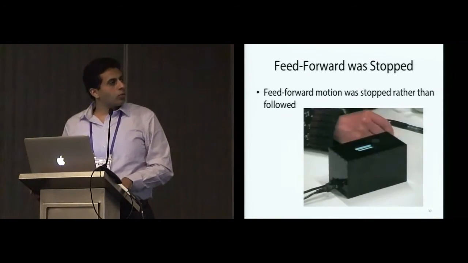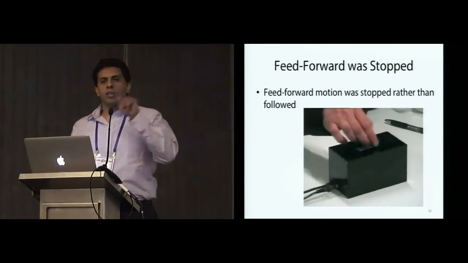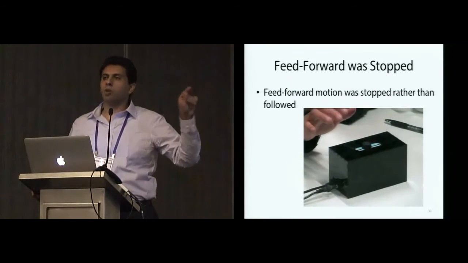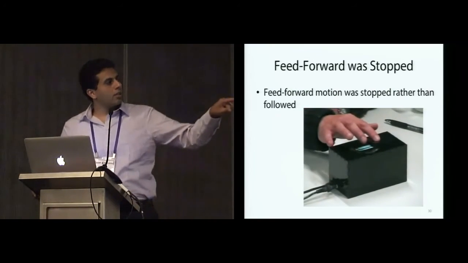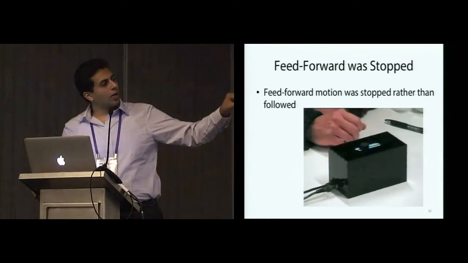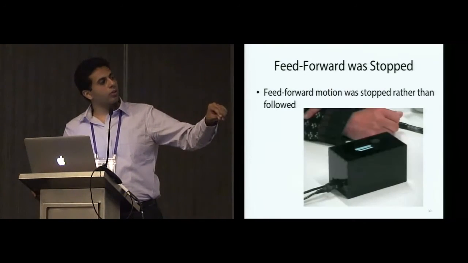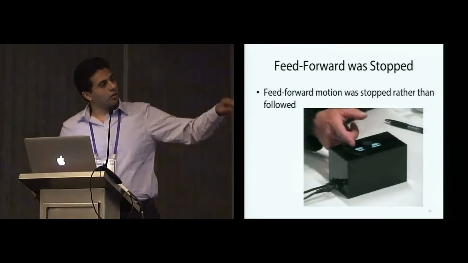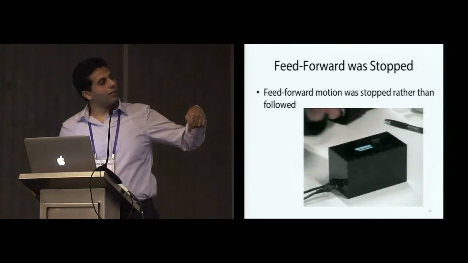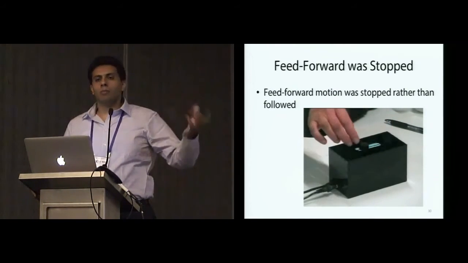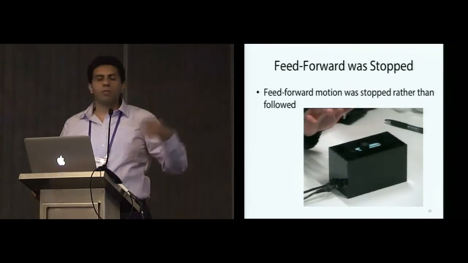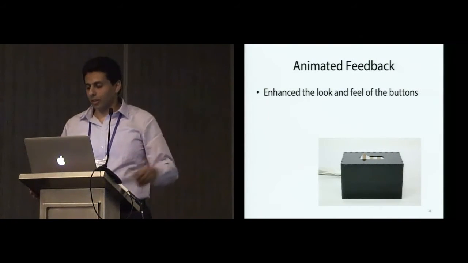And also, interacting with the feed-forward motion: instead of following the motion as we anticipated, you can see here in the video that the user is trying to restrict the motion or stop it from going to the other side, instead of following it to the correct side. So they were actually saying, okay, now it's moving, but I want to stop the motion instead of following it.